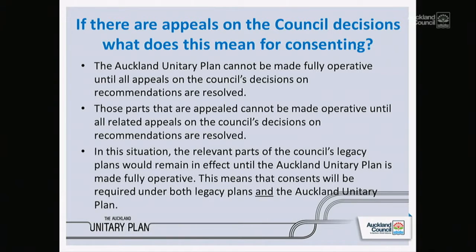What happens for someone seeking a consent is that you need to look at both what's contained in the plan change and what is contained in the operative plan. In this instance, we'd have the operative plans underneath and the proposed Auckland unitary plan not yet operative. Someone seeking consent would need to obtain consents under both of those plans. It becomes very, very complex, which is one reason why we want to get the plan made operative as soon as possible.